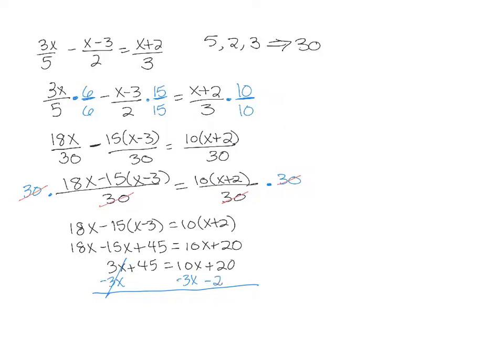So I'm going to get rid of the number on the right. And you see that minus 3x minus 20 equals minus 3x minus 20, just making sure I'm doing the same thing to both sides. So on the left-hand side, 45 minus 20. On the right-hand side, 10x minus 3x.